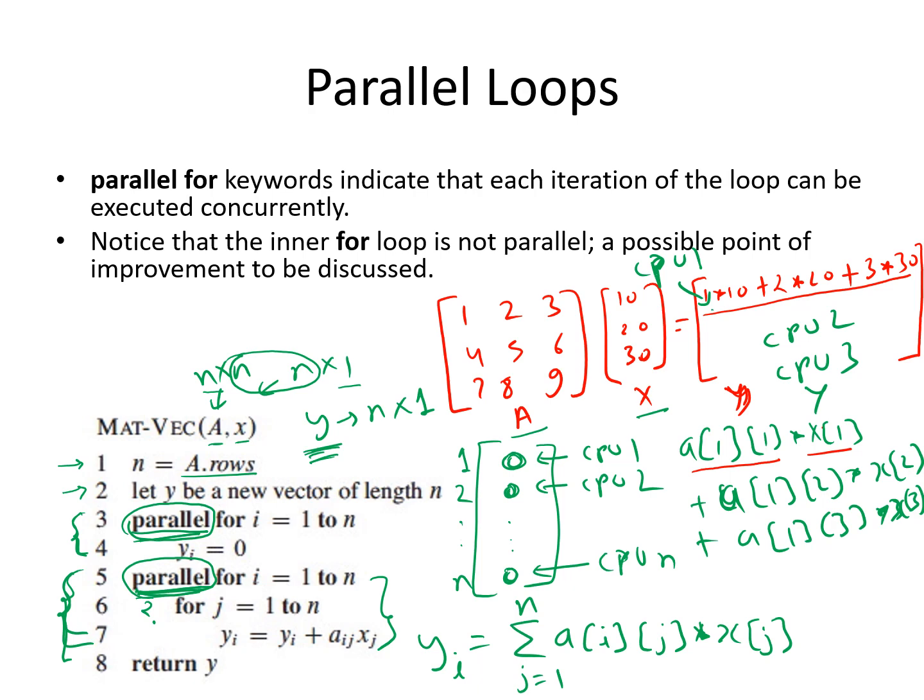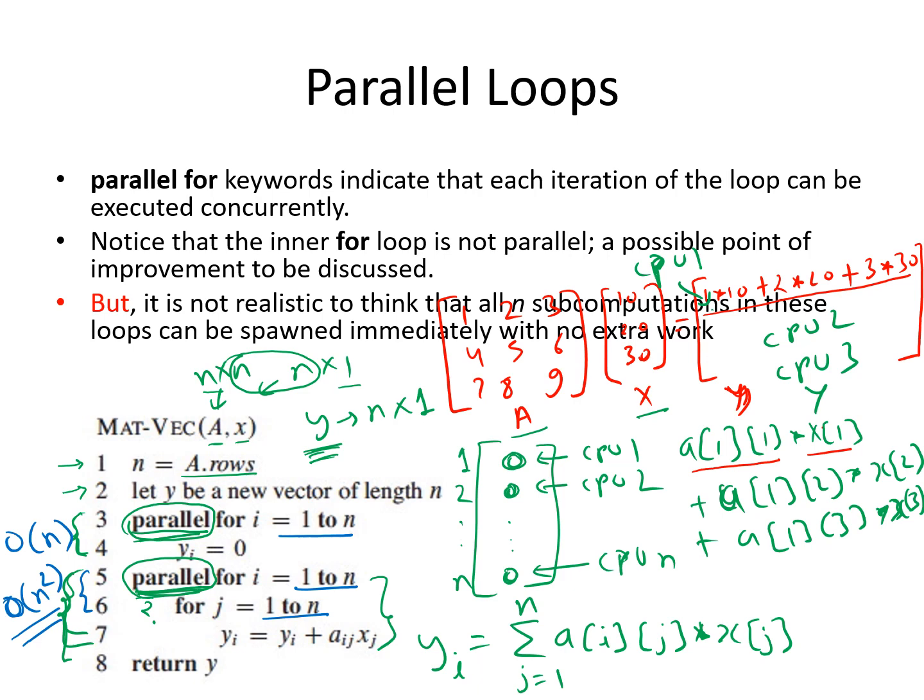Lines 3 and 4 are a for loop going from 1 to n, so this is big O of n. In lines 5 and 6, we have this nested for loop, and each of these for loops is going from 1 to n, right? So this is basically big O of n square. So by default, if you are executing this matrix vector multiplication function on a single processor, it is going to run in big O of n square time.